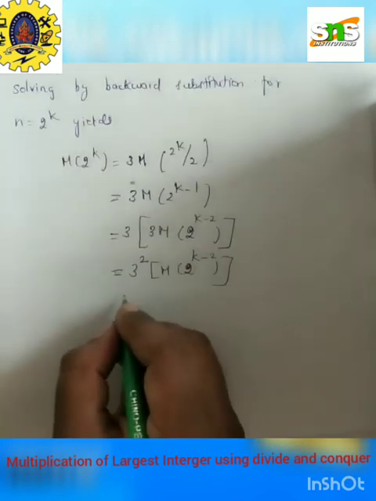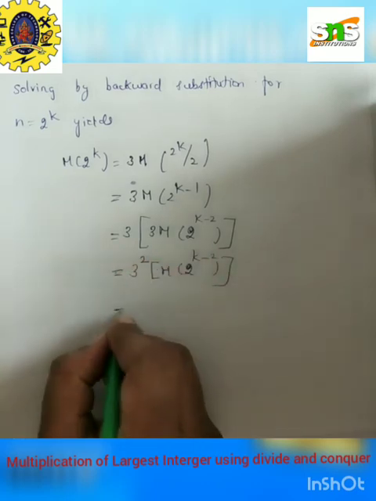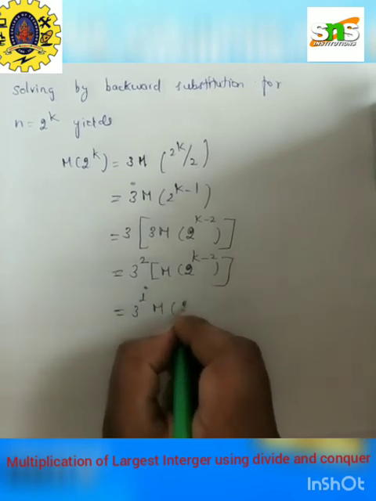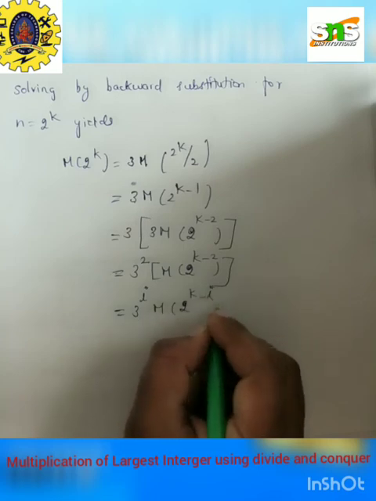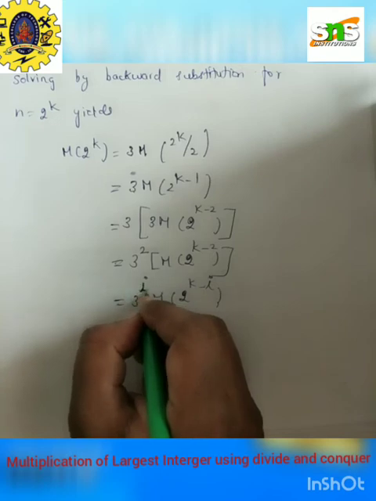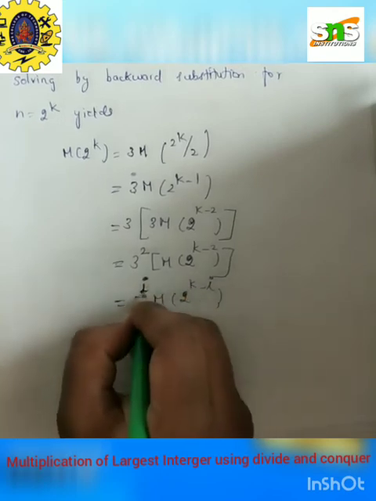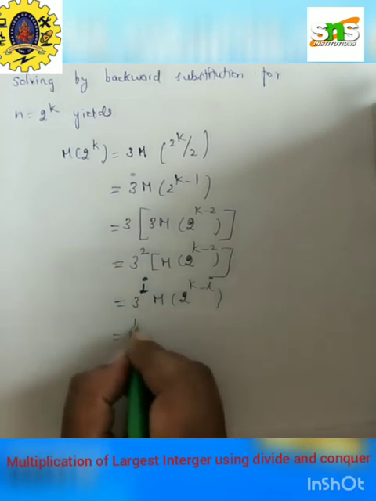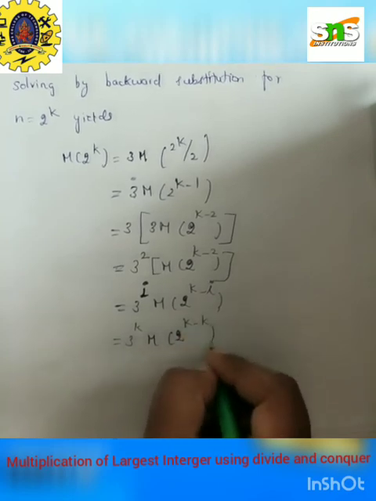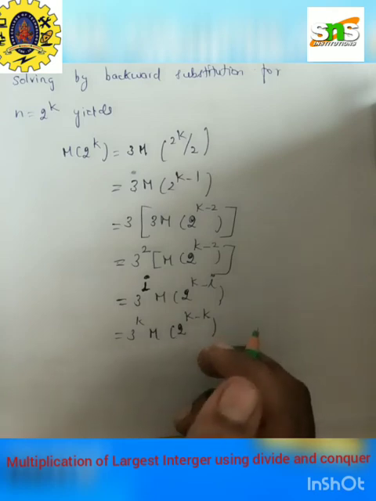Again, writing this like 3 square, 3 cube, 3 power 4, this will be written commonly as 3 power i into m of 2 power k minus i. The common term is replaced with a common variable. To simplify, we replace i with k: 3 power k into m of 2 power k minus k. We replace with k because then we can get the formula for m of 1.